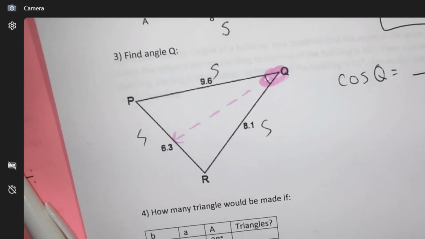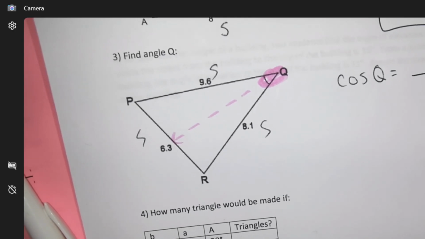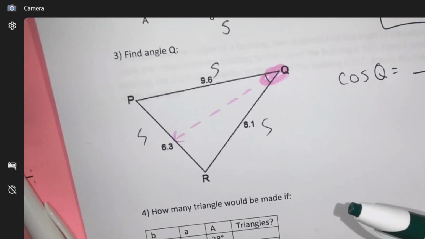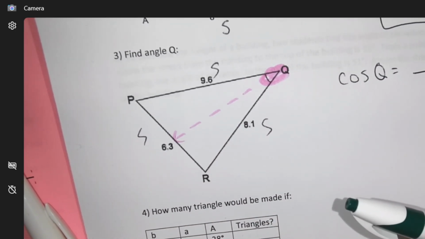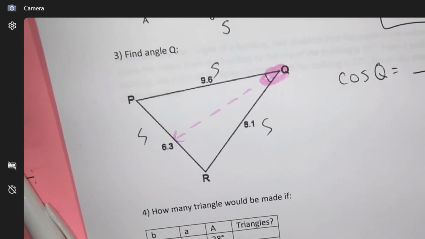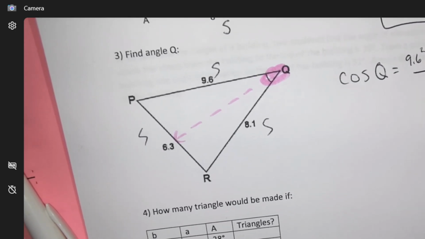And then I always do the minus 6.3 squared at the end. Across from Q minus that. Okay, and then fill in the rest.